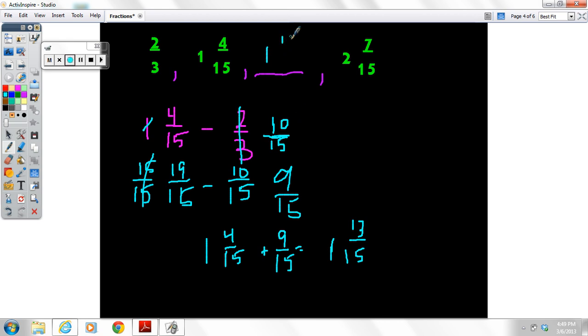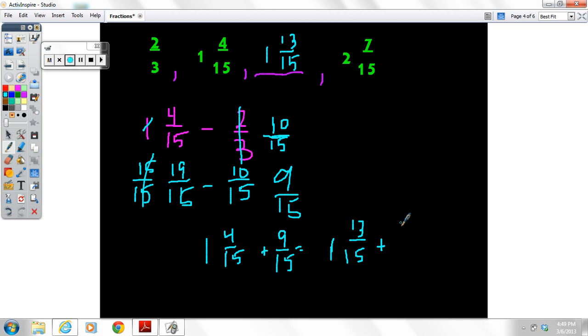I want to make sure that that's accurate. So what I'm going to do is check it again. I'm going to take this 1 13/15 and add 9/15 to it again. If I do it right, I should get 2 7/15. So let's see what I get.